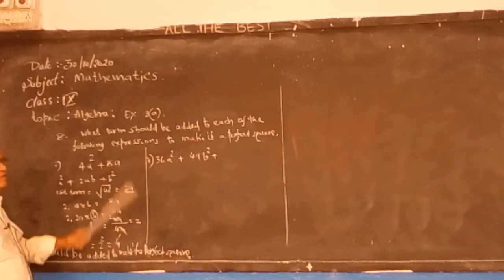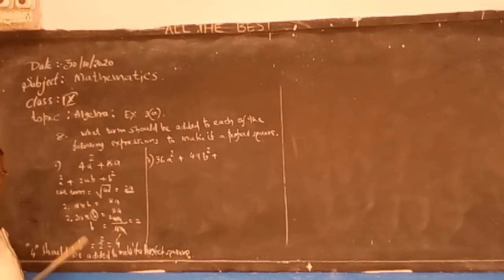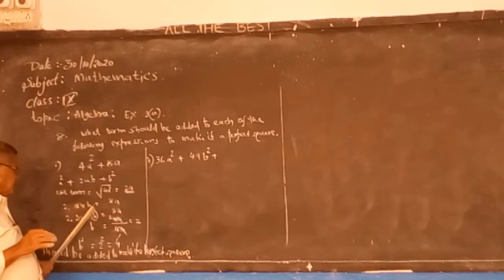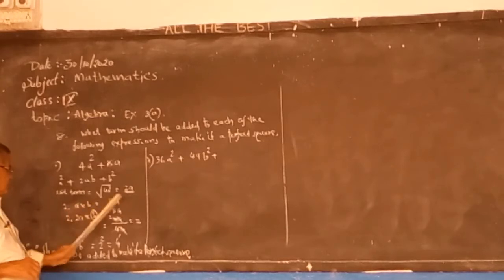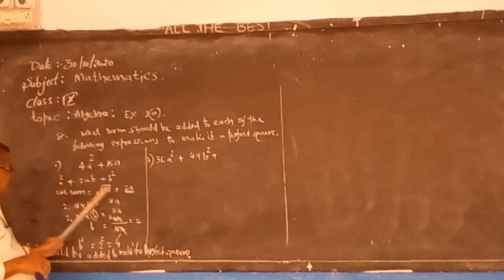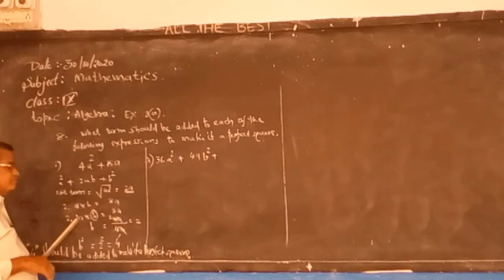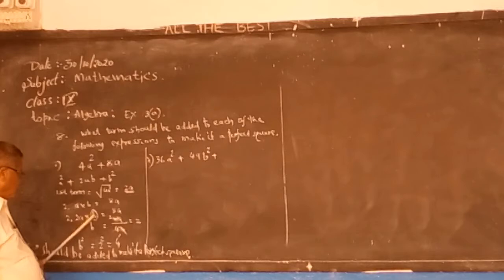Next, the 2ab form: 2 into the first term into the second term is equal to 8a. In place of a we write 2a into b.